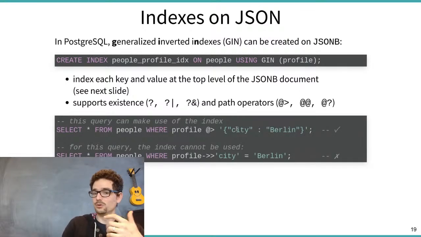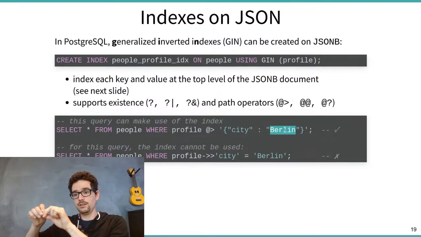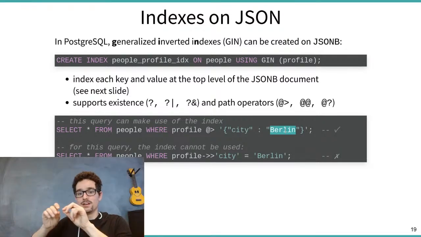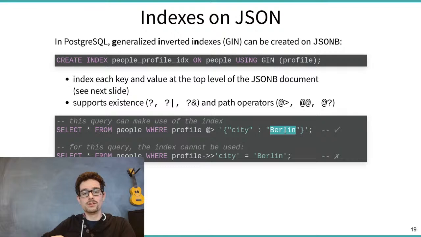For example, who lives in Berlin? This query here can use the index, because city Berlin is stored in the index like a tree. There we store city Berlin, and then a pointer to the row where the person has city Berlin in the JSON field.